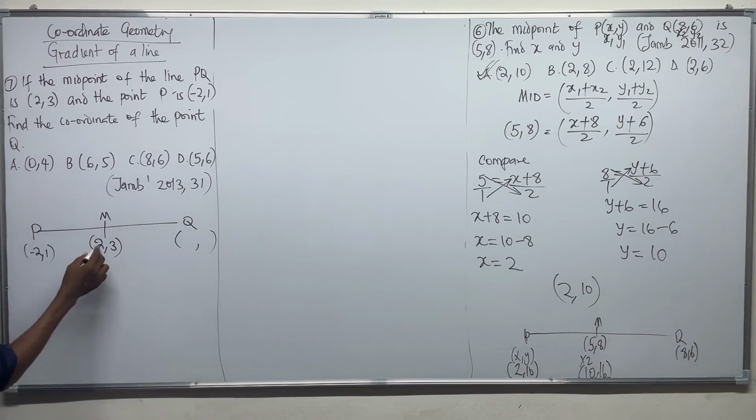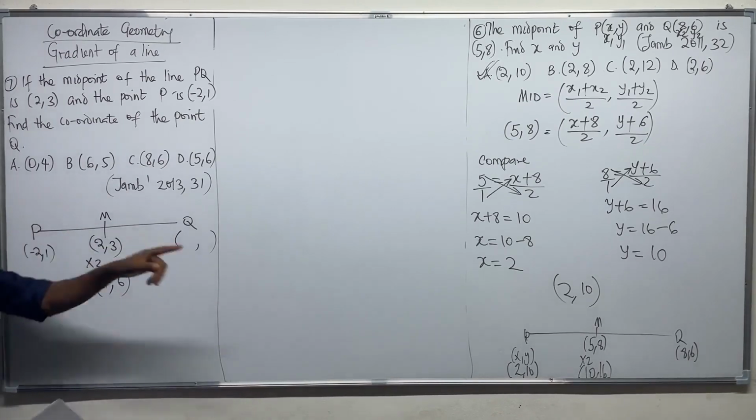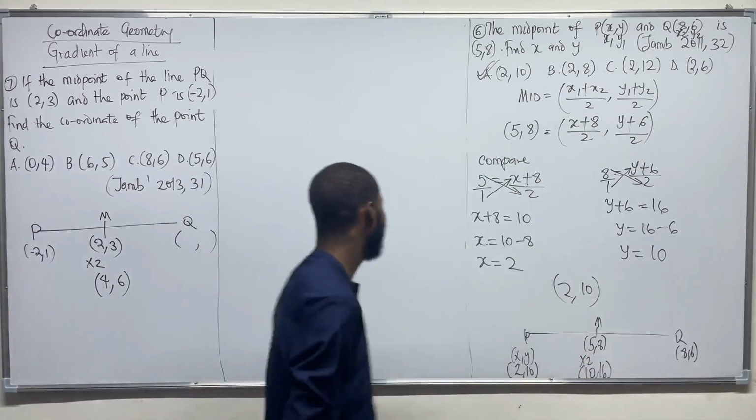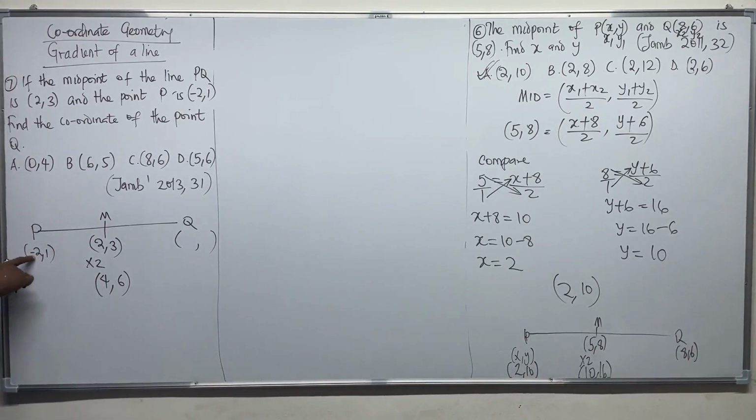When you times it by 2, 2 times 2 is 4. Sorry, 3 times 2 is 6. Now the next thing is this. I'm going to subtract. I'm going to say this minus this. Remember, it was what I did here. I said this one minus this one. So you now say 4 minus this. So what is 4 minus 2?